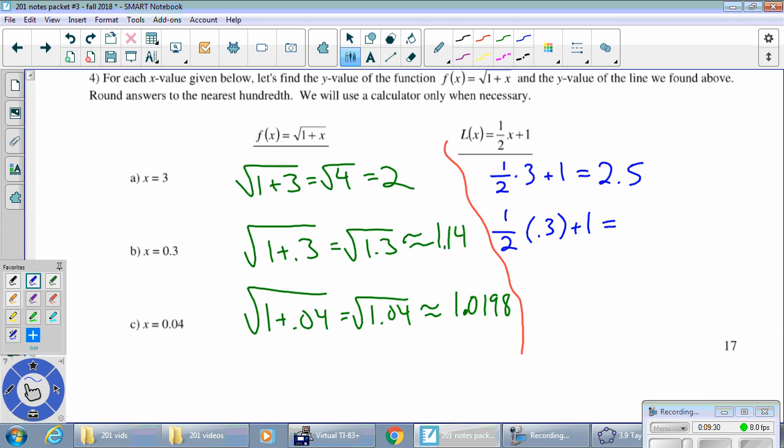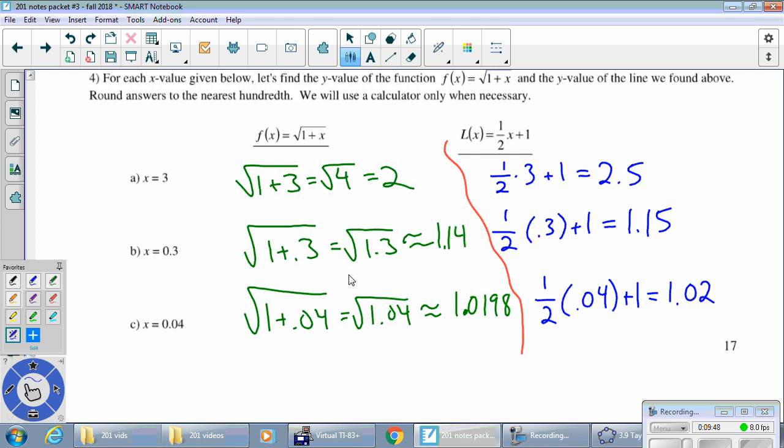Half of 0.3 is 0.15 plus 1 is 1.15. And then finally plugging in 0.04, 1/2 of 0.04 plus 1. Half of 0.04 is 0.02 plus 1 is 1.02. So the idea is that our simple linear function is supposed to approximate that square root function for x's near 0.